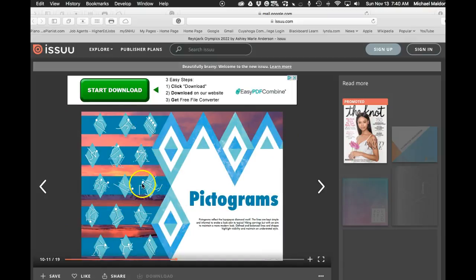So the pictograms are really receding into this page and they're losing their sense of importance. The reason is that you have them basically tucked in behind these triangles, behind the white, this whole white page where you have the background, then over the background, a diamond within a stripe.